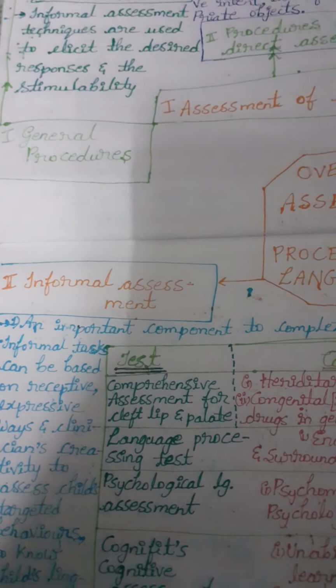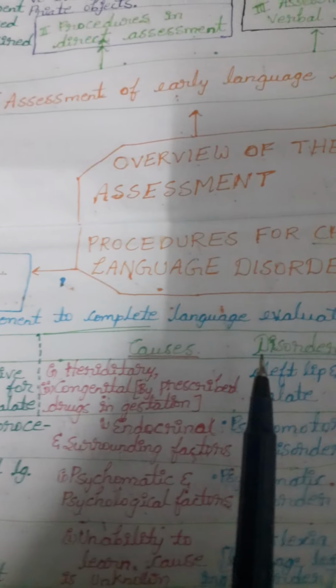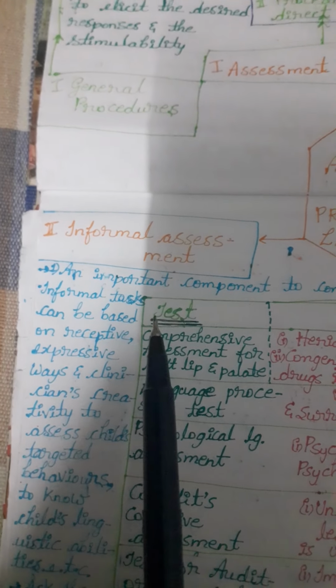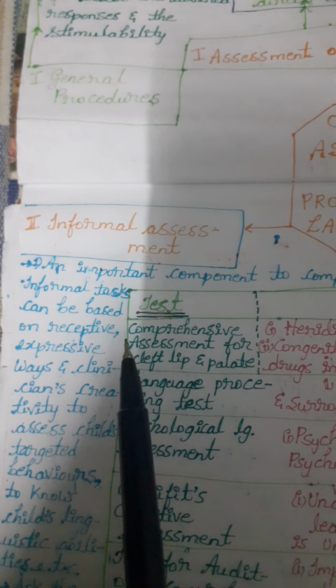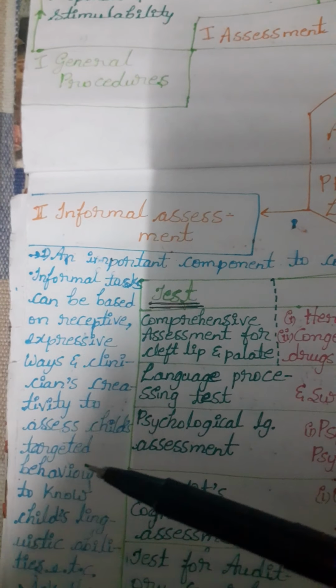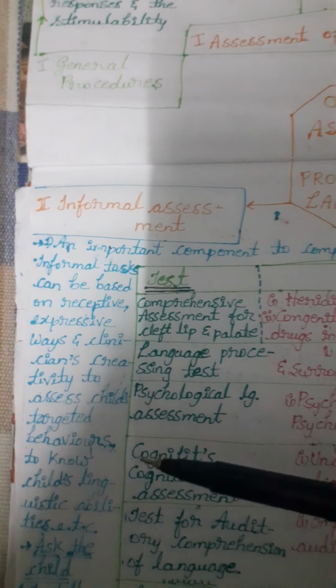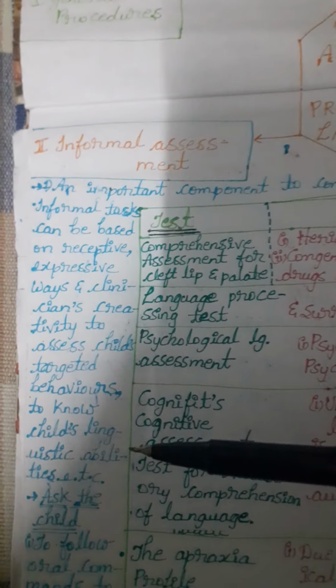Second factor is informal assessment. Informal assessment is an important component to complete language evaluation. Informal tasks can be based on receptive and expressive ways and clinicians' creativity to assess the child's targeted behaviors and to know the child's linguistic abilities.